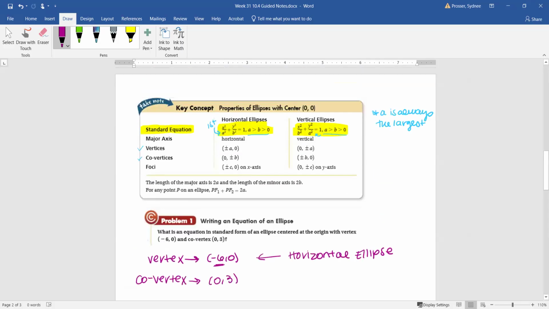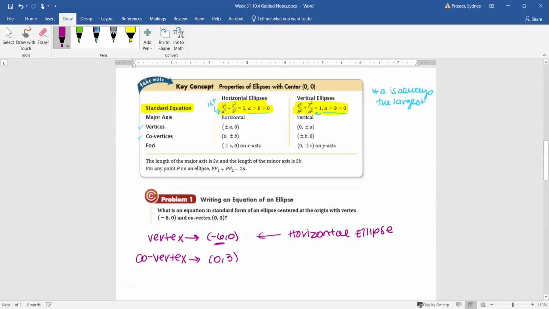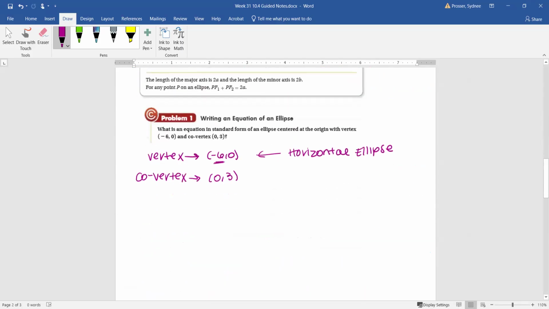If you go back and think about this visual, when my vertices are moving left and right, I have a horizontal ellipse. My co-vertex, going up and down, shows how wide this ellipse is. As soon as I know it's a horizontal ellipse, I write x squared over a squared plus y squared over b squared equals 1.